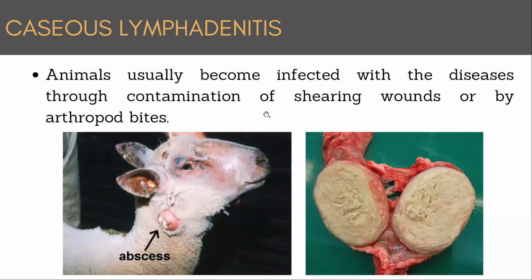And nasugat mo, di sinasadya yung sheep. So, possible na mapasa na yung bacteria doon. Or through arthropod bites or through insects. So, possible daw na mapasa ang Corynebacterium pseudotuberculosis through bites of transmitter insects.